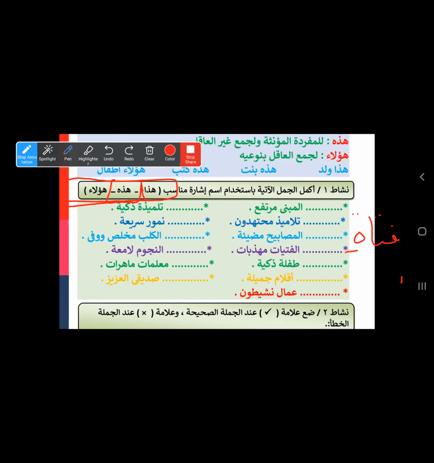Just like for young boy, you say شاب. شاب is a young boy and a young girl is فتاة. Plural. Okay. So نعم. هؤلاء. أحسنتي ما شاء الله. هؤلاء الفتيات مهذبات.